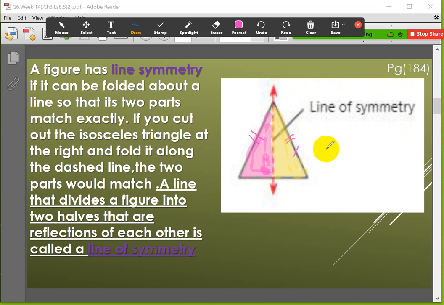Okay, very good, girls. I will repeat again. What do I mean by line of symmetry?